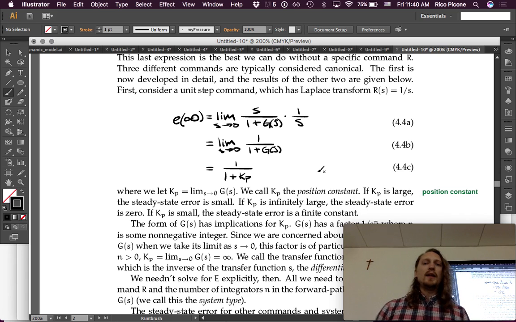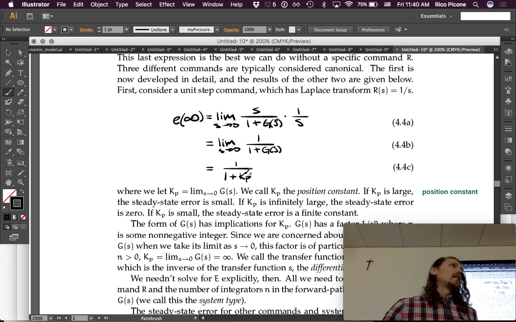If kp is large, the steady state error is small, right? So if the denominator kp is large, then steady state error is 1 divided by a large number plus 1. Still large. This is small. If kp is infinitely large, the steady state error is 0, right?